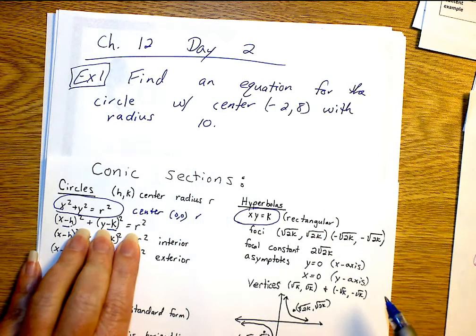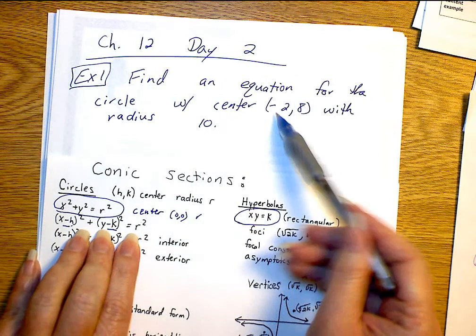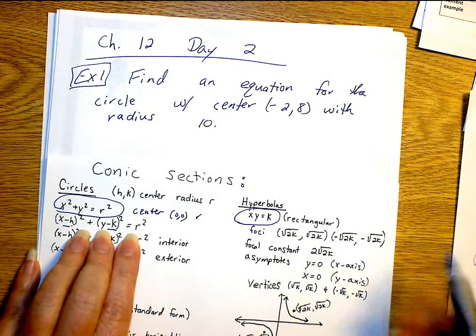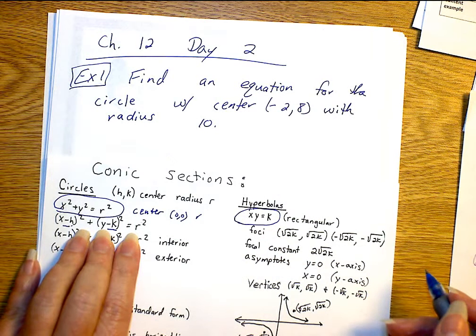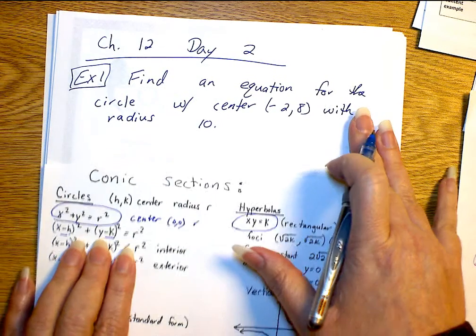What happens with the signs of our center when we put it into the equation? They change, they go opposite, that's right.